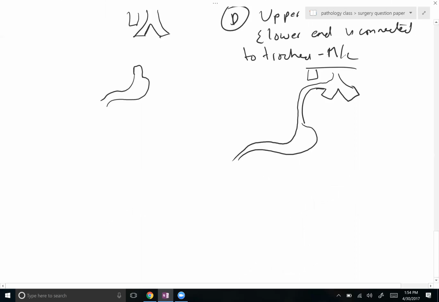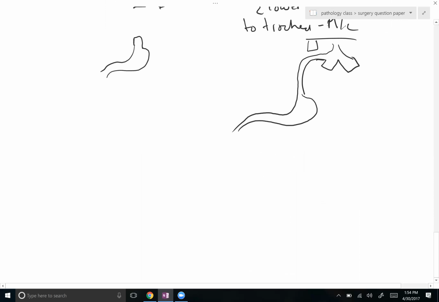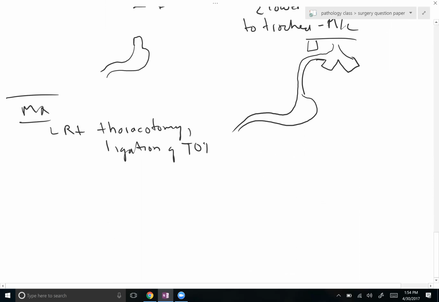Now, if we are talking about management of tracheoesophageal fistula, first and foremost is a right thoracotomy, ligation of the TEF, and primary anastomosis of the esophageal ends.